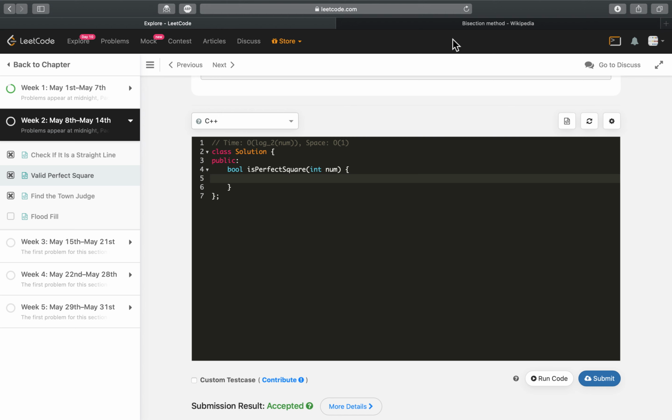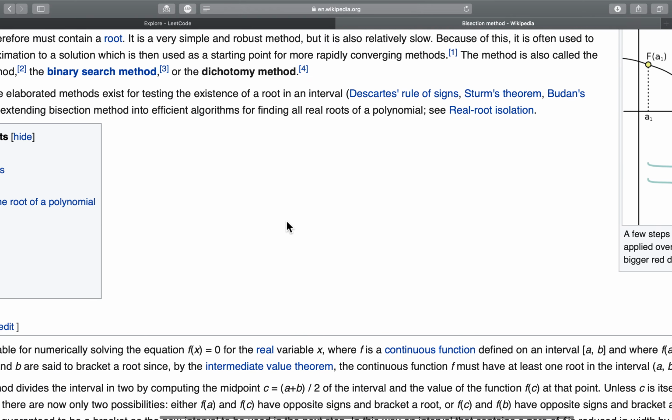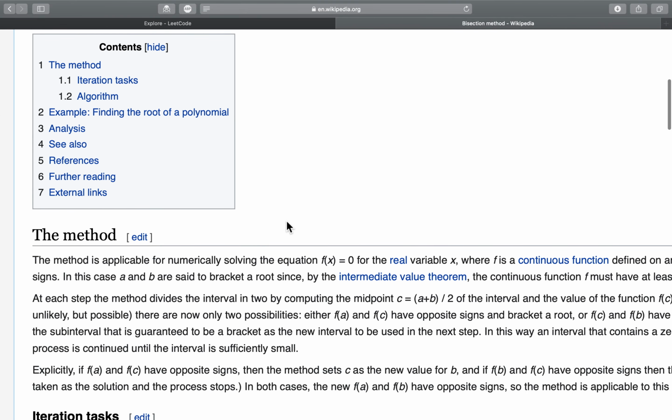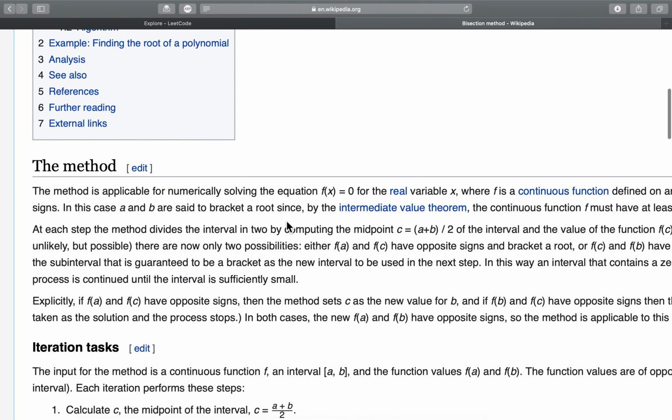And how can we do it in log time complexity? Basically, the solution will be the bisection method. The bisection method is very similar to binary search, and this is the binary search style of finding a square root of a function.